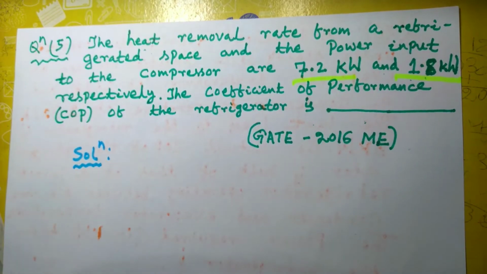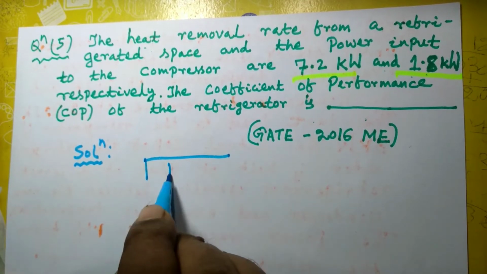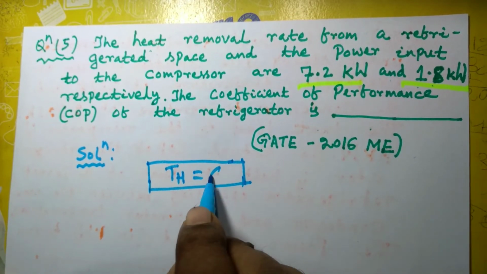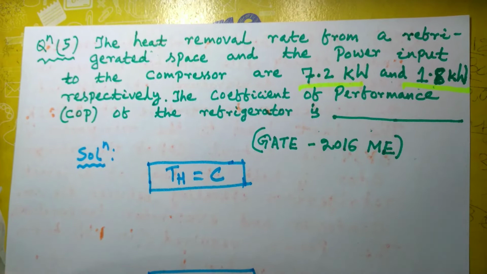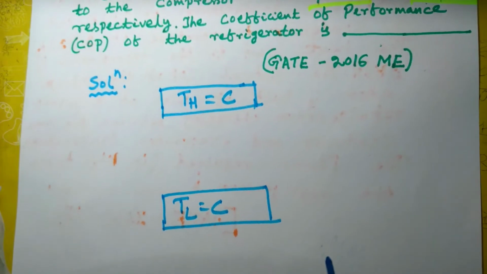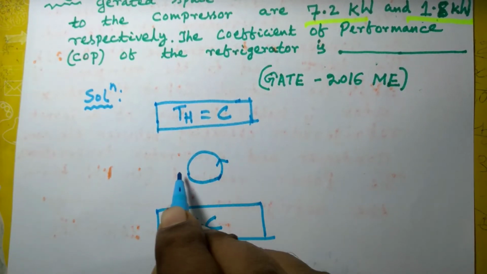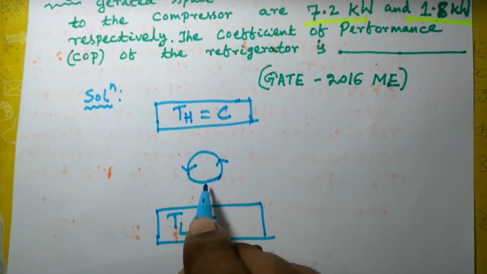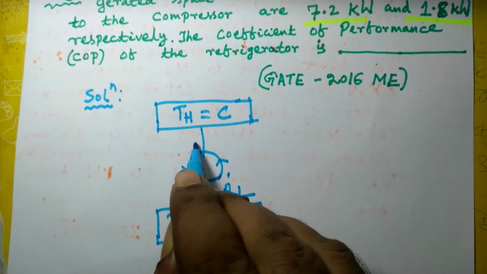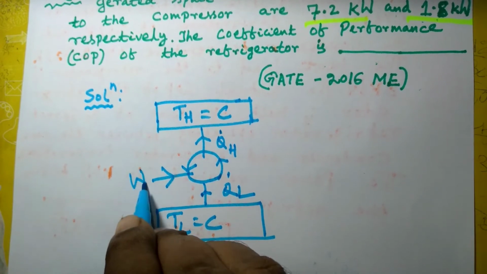Suppose this is the high temperature reservoir or body, and this is the low temperature body, and the refrigerator is always used to transfer heat from the low temperature body to the high temperature body with the help of some external work. Suppose this is Q dot L, this is Q dot H, this is W dot.